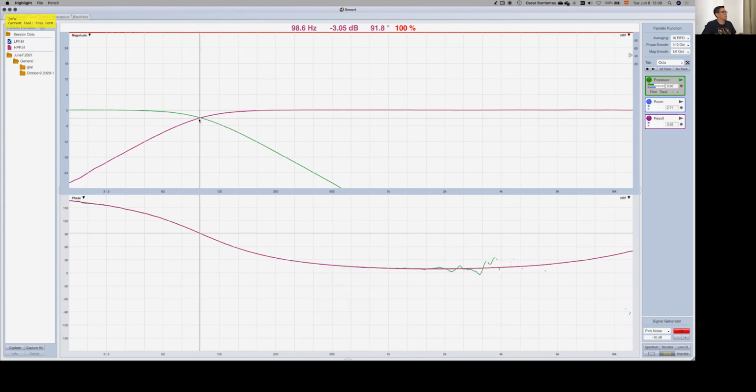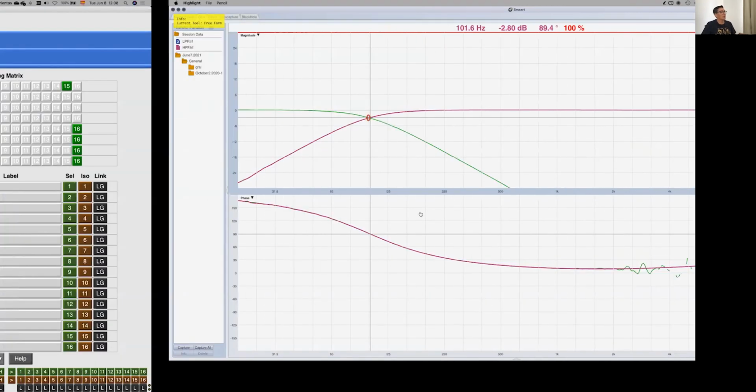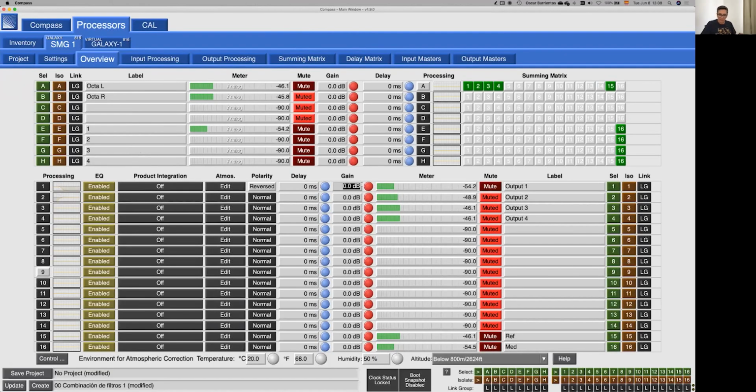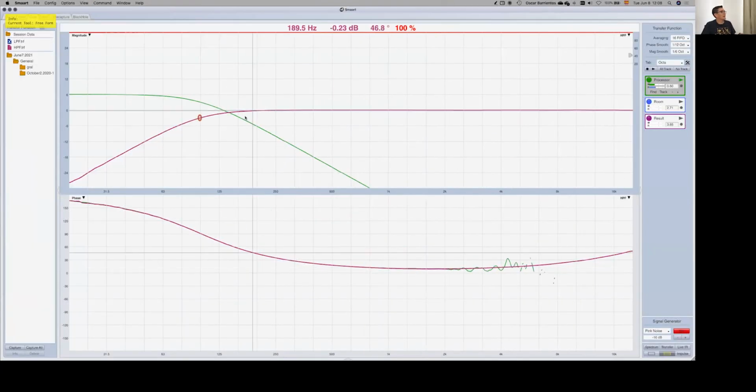So I'm going to mark this section by saying that we have a crossover frequency over here, and if we go back and we increase, let's say, plus 6 dB for the low pass filter, we're going to see that the crossover frequency is changing over here, okay?